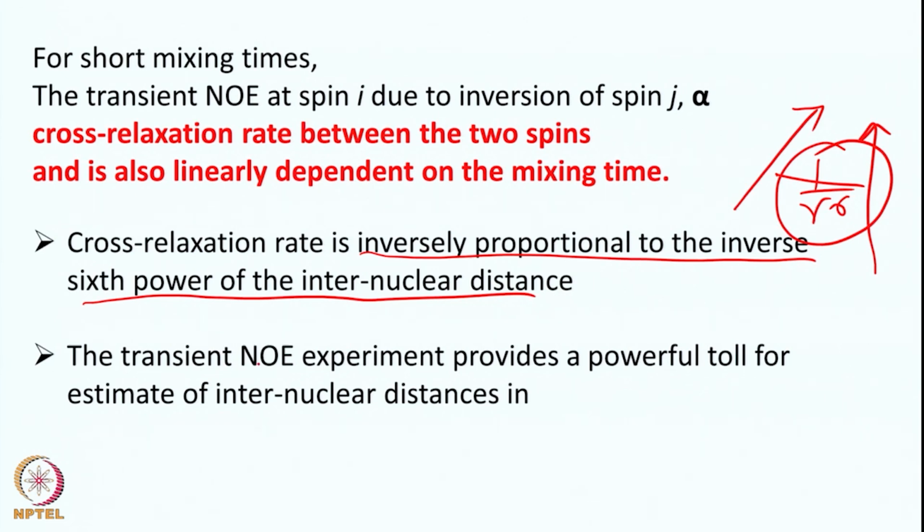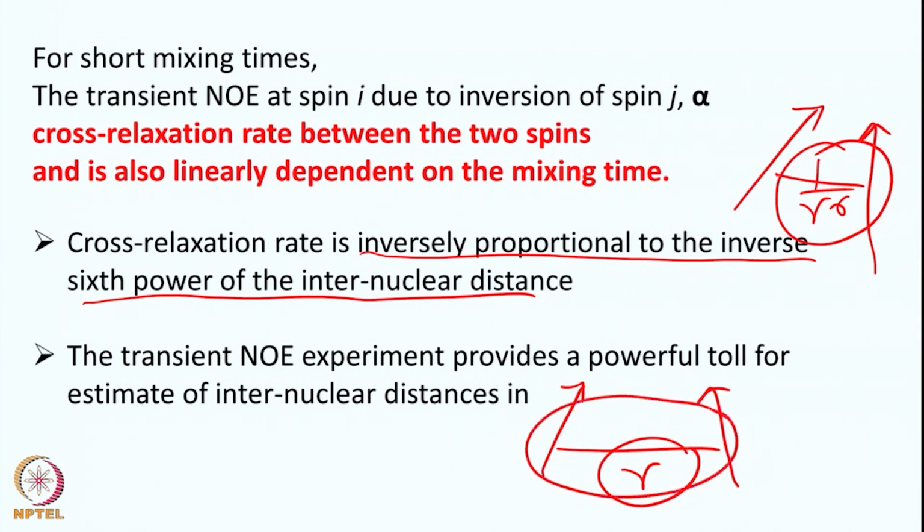So, this transient NOE experiment actually provides a powerful tool to estimate the internuclear distance in coupled spins. Suppose these two spins are there; how much NOE enhancement you get depends upon r. Shorter distance gives more enhancement, longer gives less enhancement. Therefore, looking at the cross peaks coming from cross relaxation, if you can measure the intensity of that cross peak, we can get an estimate of the distance between these two spins.